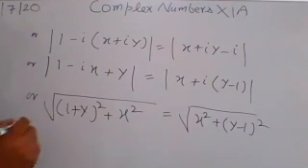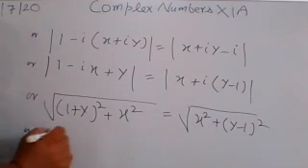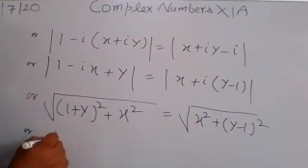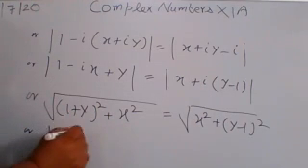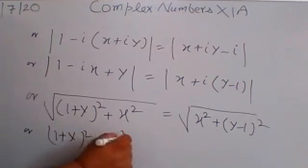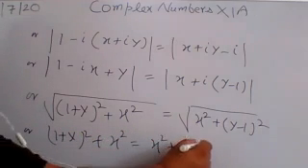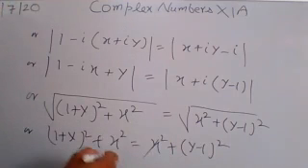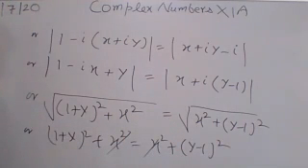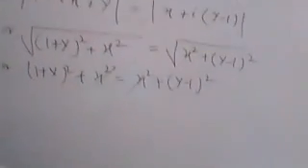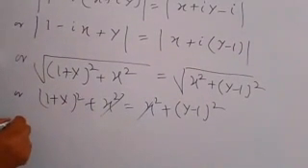Now squaring both sides, you have (1 plus y) whole square plus x square is equal to x square plus (y minus 1) whole square. So x square and x square cancel out, and let us simplify.